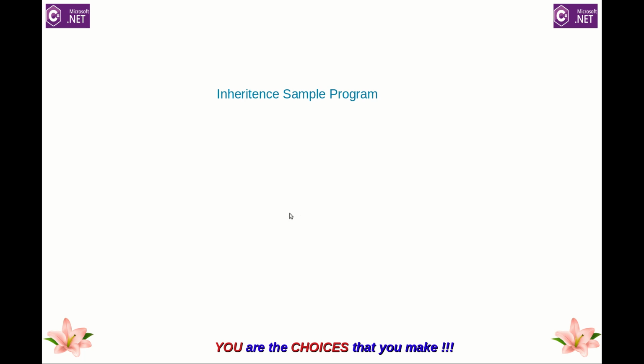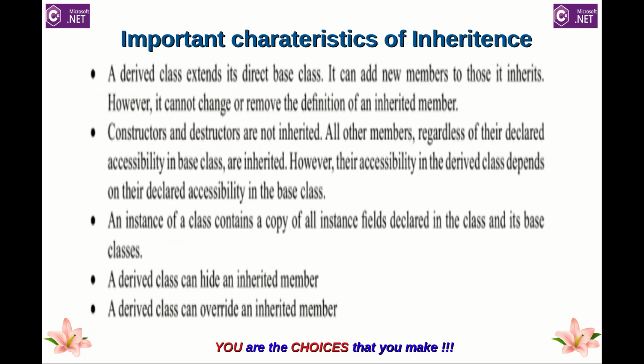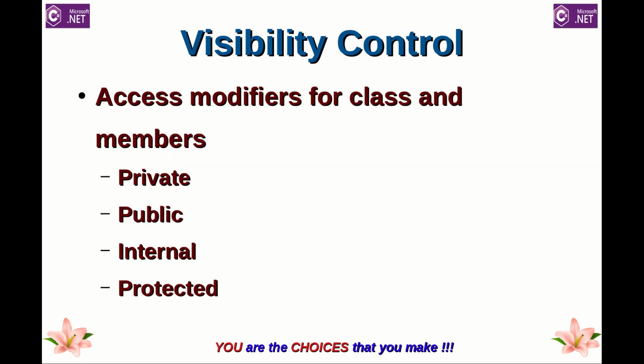And we have also seen an inheritance sample program. Then we have seen some of the important characteristics of the inheritance. So today we are going to discuss what is the visibility control to be applied for the inheritance.